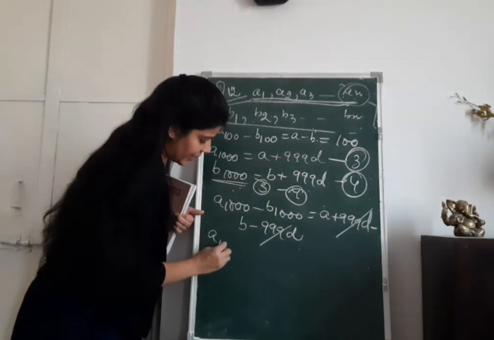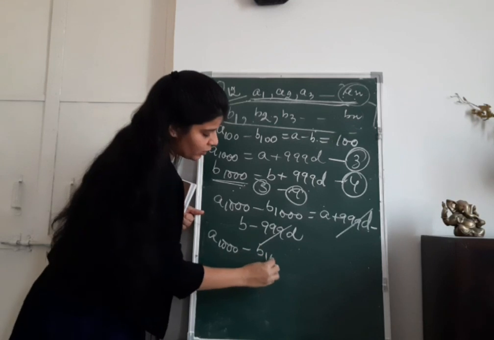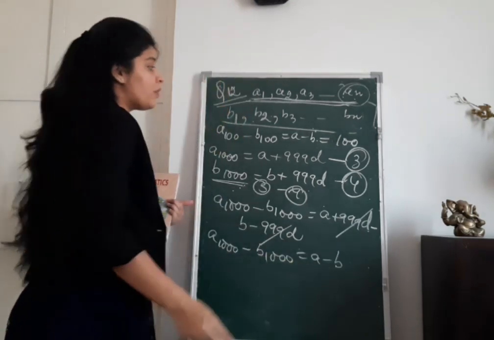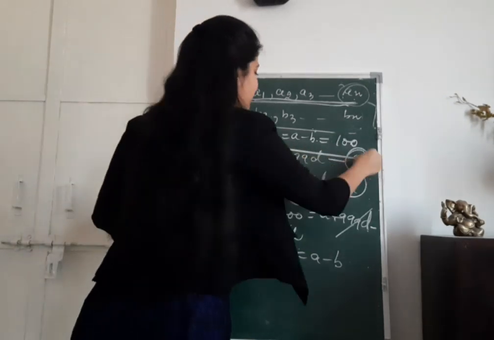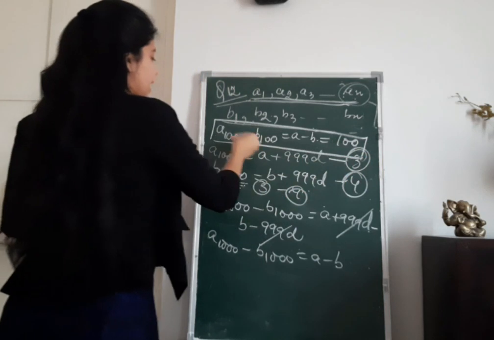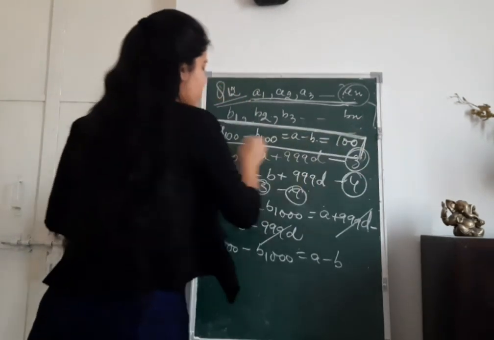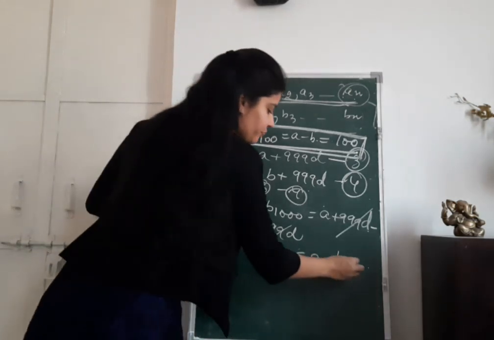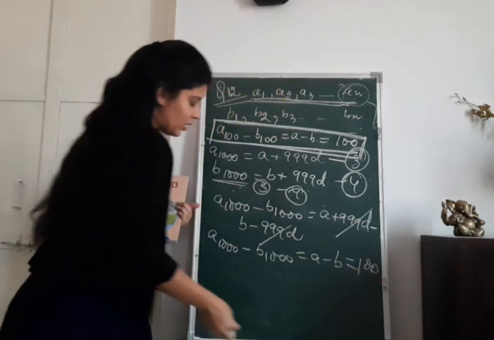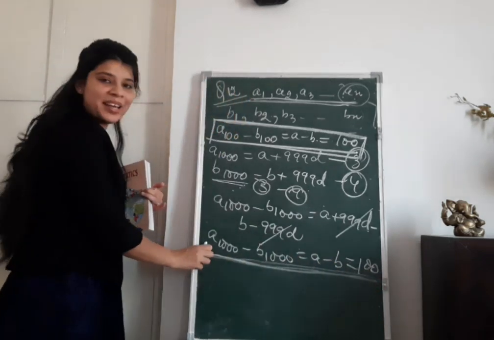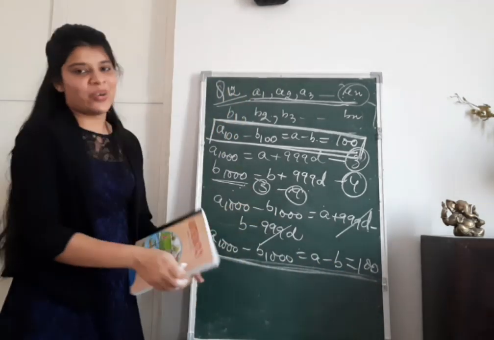Then I get what? A1000 minus B1000 is equal to what? a minus b, which is equal to what from here? From here I can clearly say that a minus b, this is very important, that a minus b is equal to what? 100. So the difference between their 1000th term is nothing but 100.